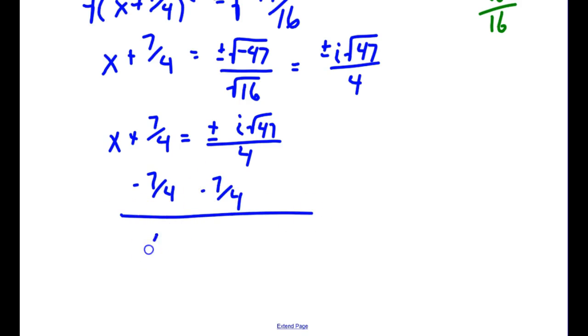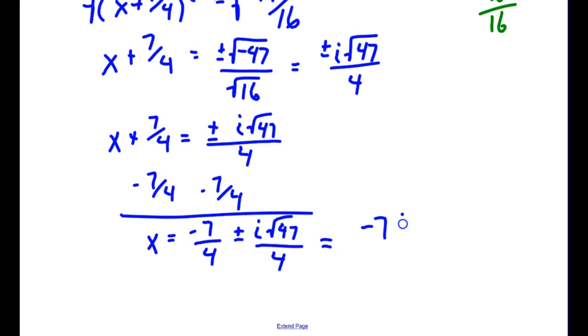And we're left with x equal to negative 7 over 4 plus or minus i radical 47 over 4. We have a common denominator, so we can write that as one fraction. Negative 7 plus or minus i radical 47 all over 4.